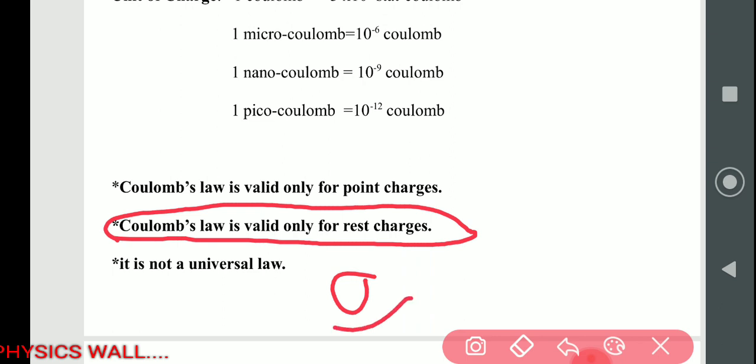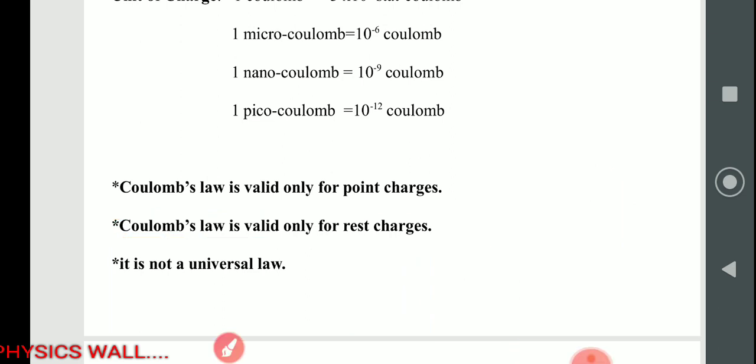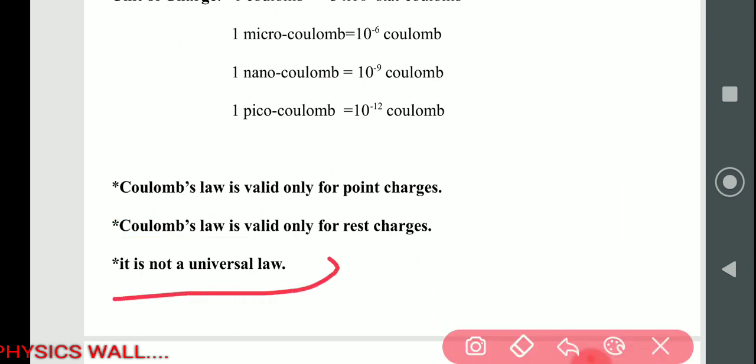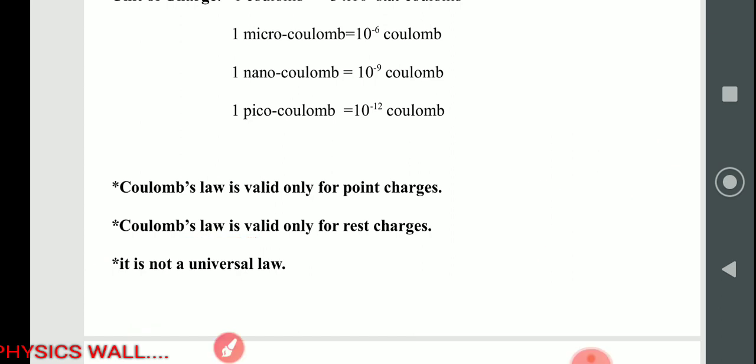If the charges are in motion, then Coulomb's law is not valid. Number 3, it is not a universal law, so we cannot apply Coulomb's law all over the universe.